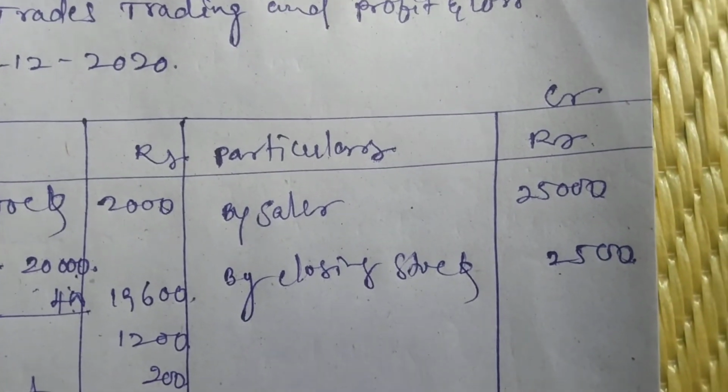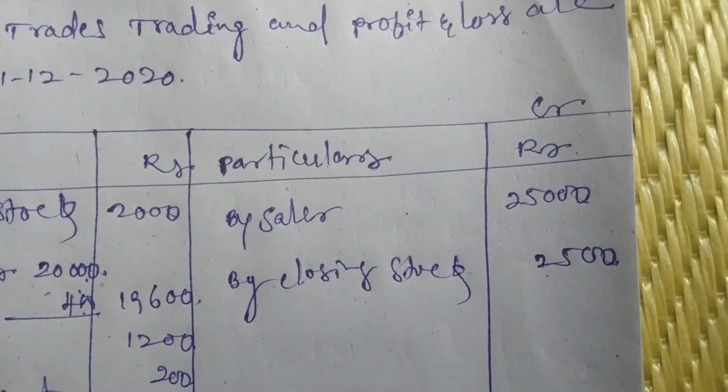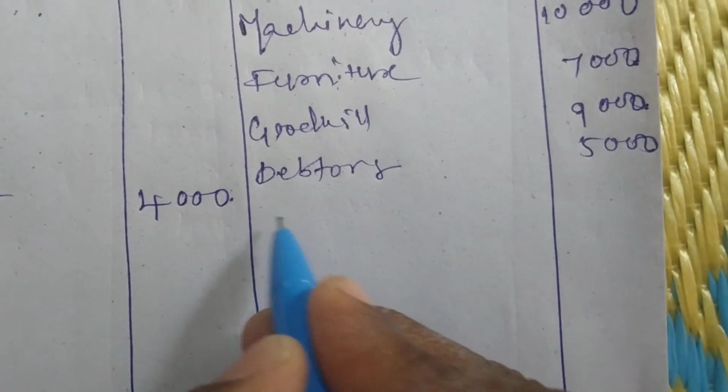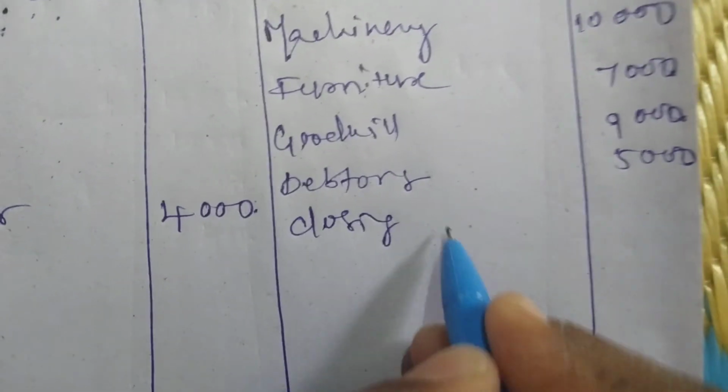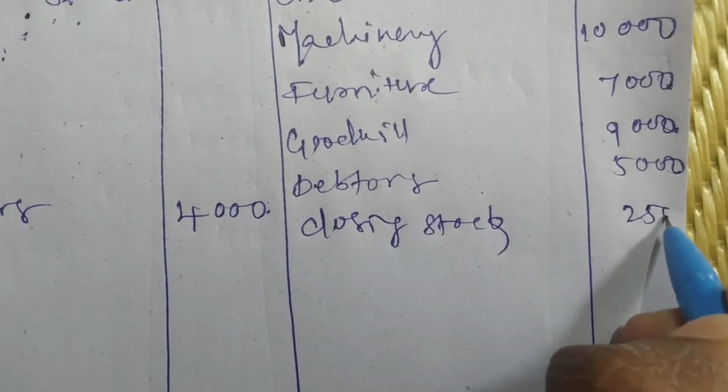And next time this closing stock is recorded in the asset side of the balance sheet. So closing stock 2500.